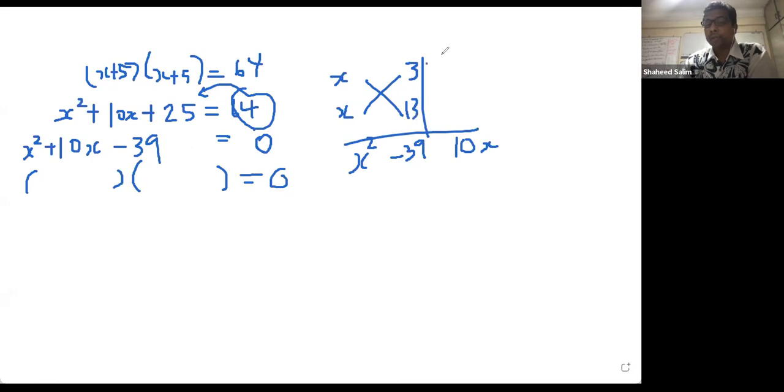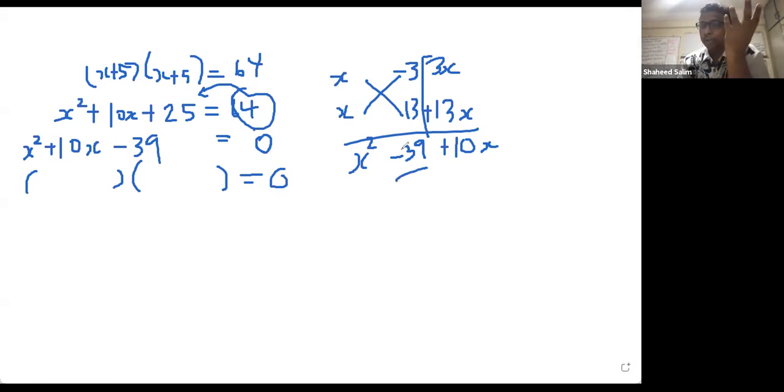x times 3, 3x. x times 13, 13x. Now, to get plus in the center, this one must be plus, this one must be minus. So now minus 3 times 13 gets minus 39.